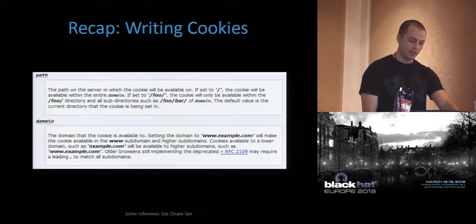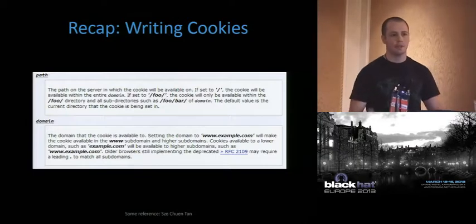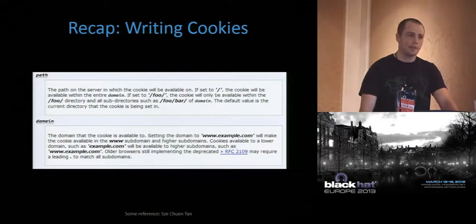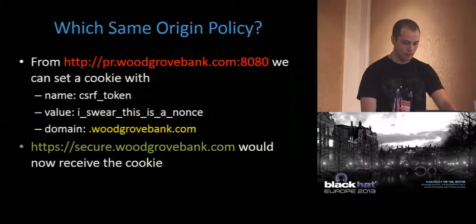To recap writing cookies, here are some attributes that are interesting. What happens when we write cookies is we make a request, the web server sends a response, and a Set-Cookie header is in that response. And there are a couple attributes we can set. One of them is path, one of them is domain.